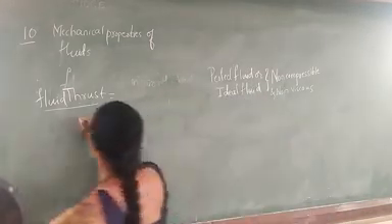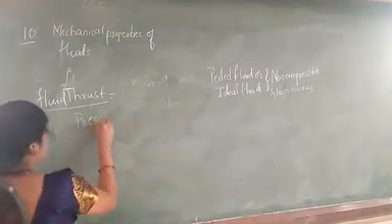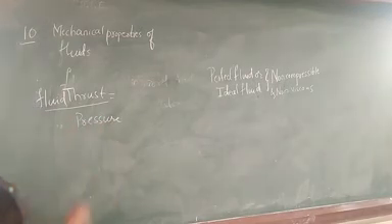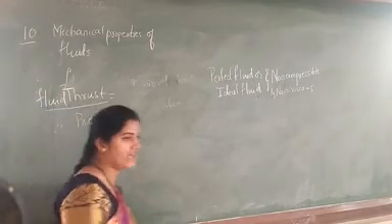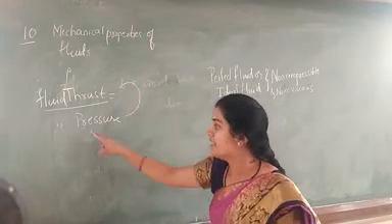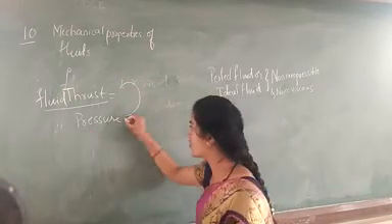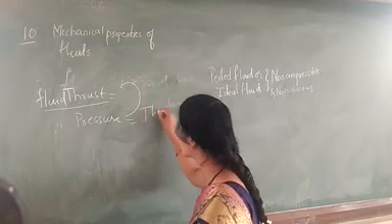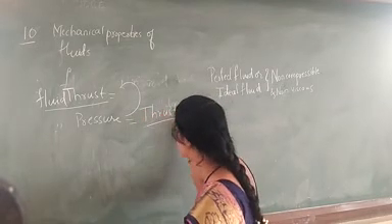Next one is fluid pressure, or pressure. To define the pressure, we have to consider this pressure depends upon your fluid thrust. Pressure is equal to thrust by the area.